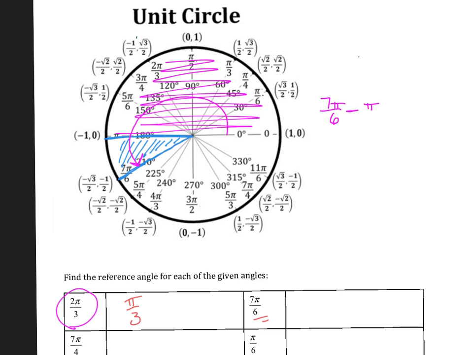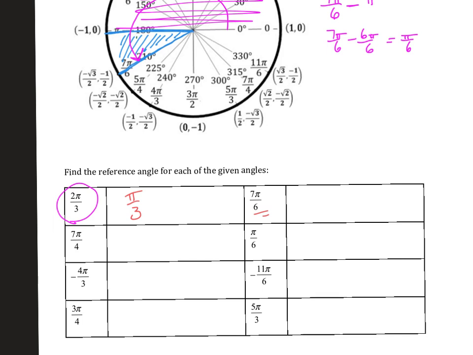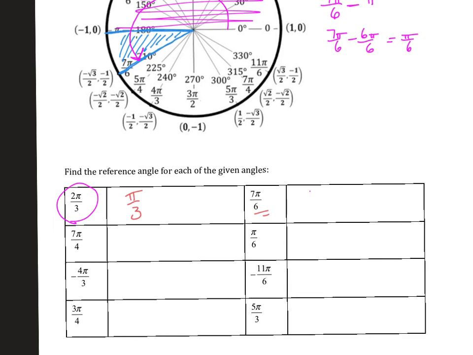So now all I have to do is get a common denominator, 7 pi over 6 minus 6 pi over 6 equals pi over 6. All right, so let me scoot this up, write in my answer, pi over 6. Okay, let's try this third one.